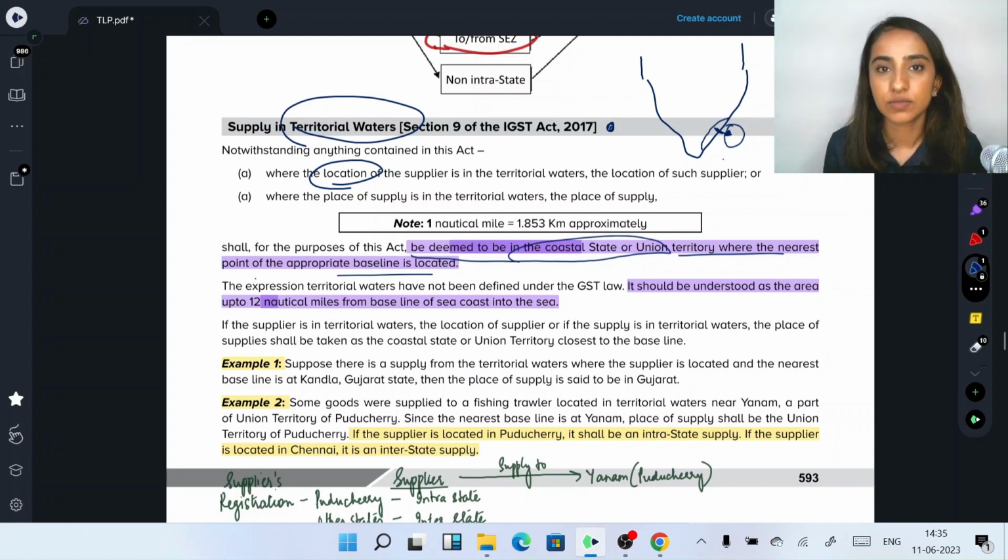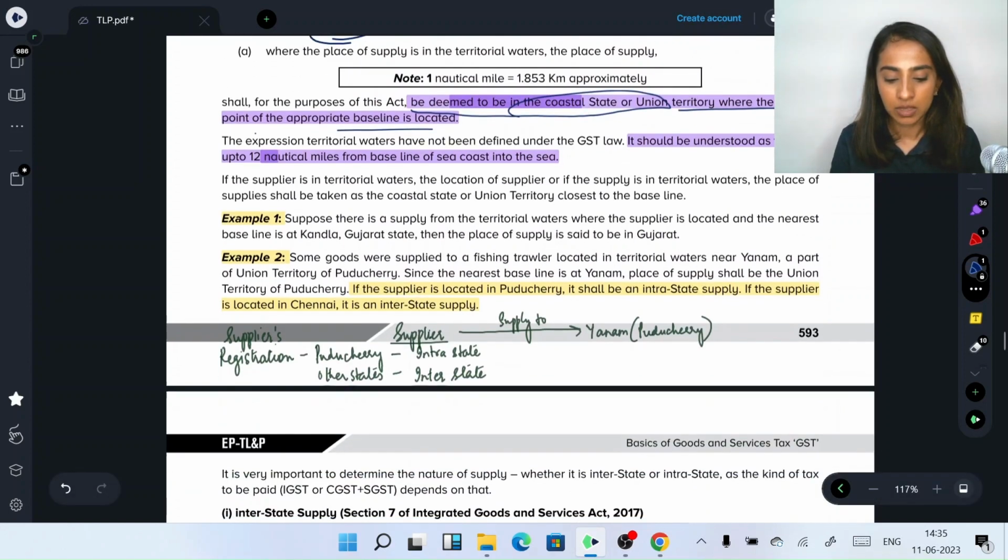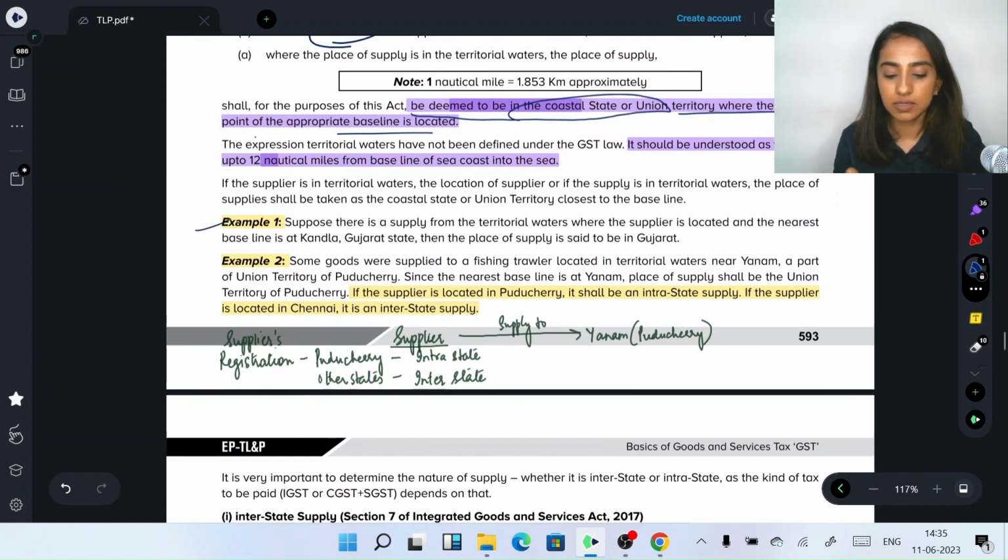So what will be the place of supply? Whatever is the nearest coastline will be your place of supply. Now let's say an example: suppose there is a supply from territorial waters where the supplier is located and the nearest baseline is Kandla. So the place of supply will be in Gujarat.